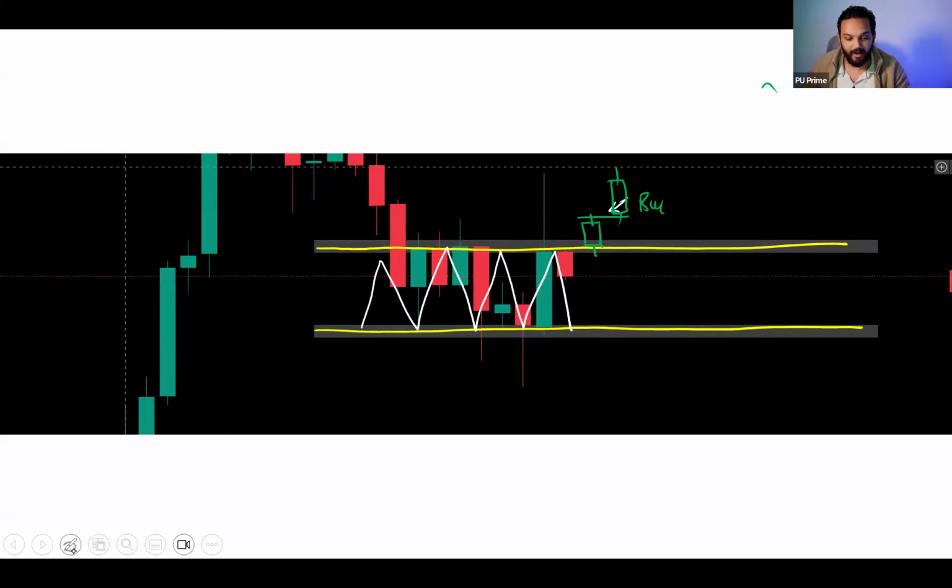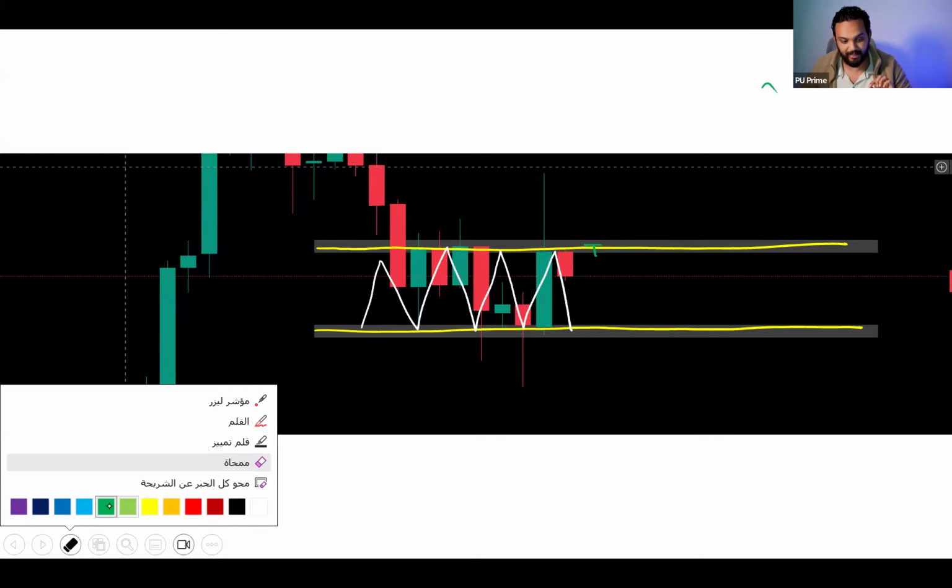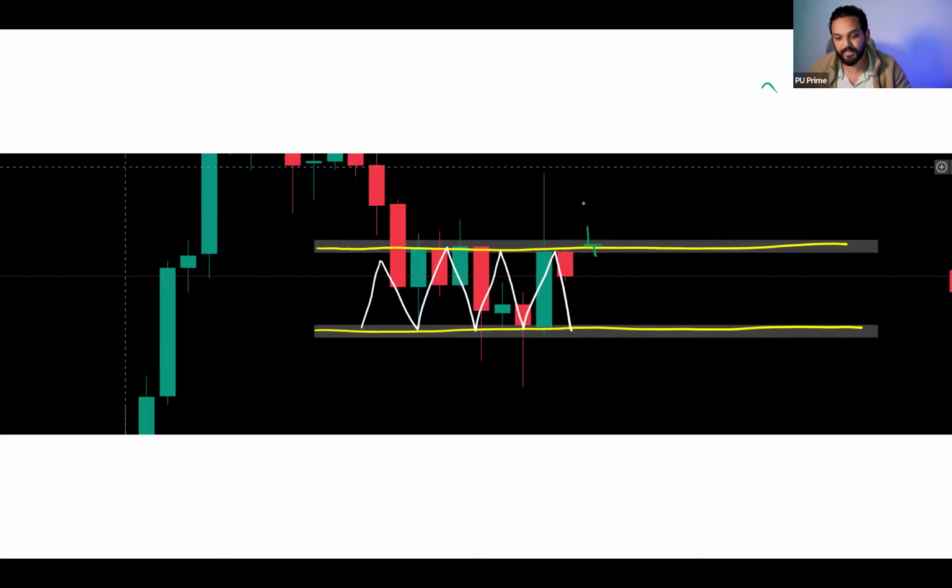Now, the idea here is, what if the bullish candle that closed above the resistance level looks like this? There is a wick at the bottom, but there is no wick at the top. What does it mean?